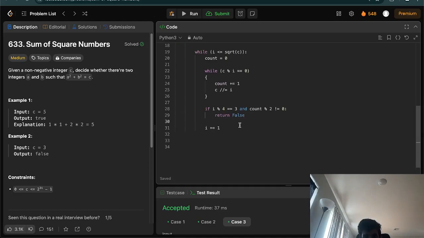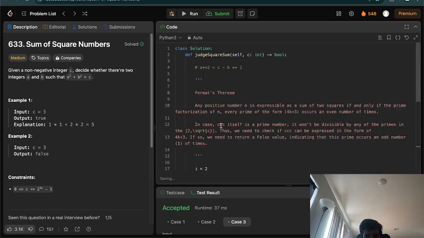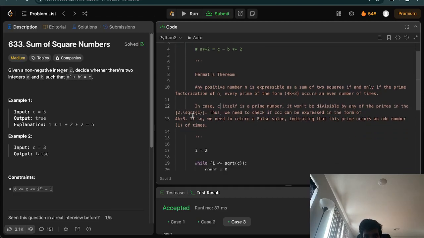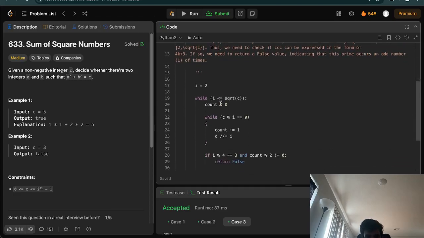At the end, we check for the case where c is a prime number: it won't be divisible by any of the primes in this range, 2 to the square root of c.